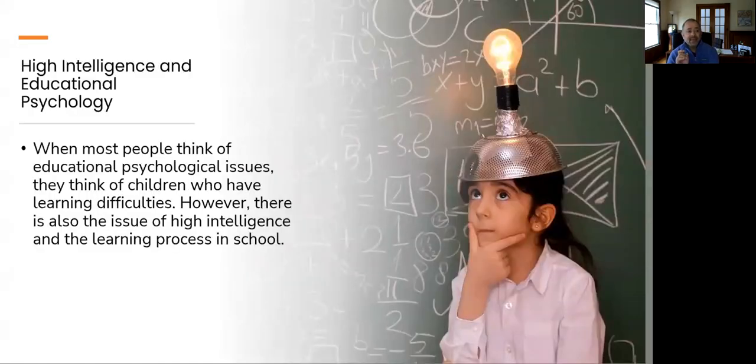High intelligence and educational psychology. When most people think of educational psychological issues, they think of children who are having learning difficulties. That generally comes to mind: there's an educational issue, there's a problem. However, there are also issues of high intelligence. What I mean by high intelligence is in the learning process in the school.